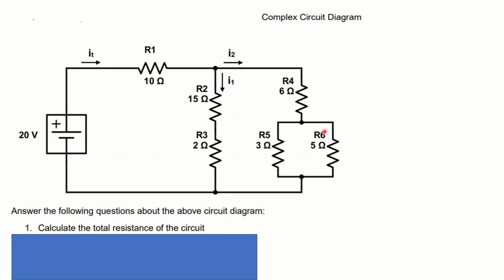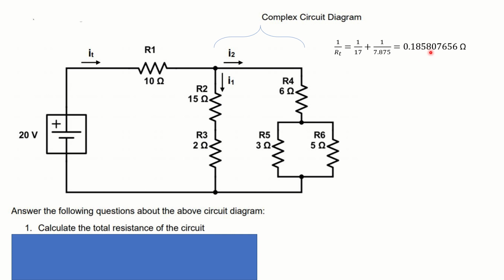Next, we want to know the resistance of this whole chunk here, R2, R3, R4, R5, and R6. We now know the resistance of this chunk, and we know the resistance of that chunk. Those are in parallel with each other, so we use our rule for resistances in parallel, and that gives us 1 over 17, 17 is this chunk here, plus 1 over 7.875, that's this chunk here, and that gives us 0.185807656.